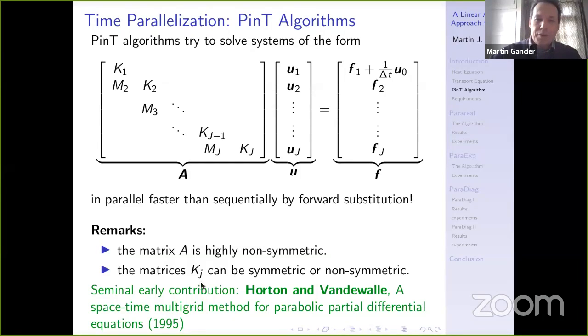Now there's a very important early contribution I would like to mention right at the start here by Horton and Vandewalle, who should really be given credit because they started very early on to try to solve such systems in parallel. And they developed multigrid methods in space-time to solve such systems.